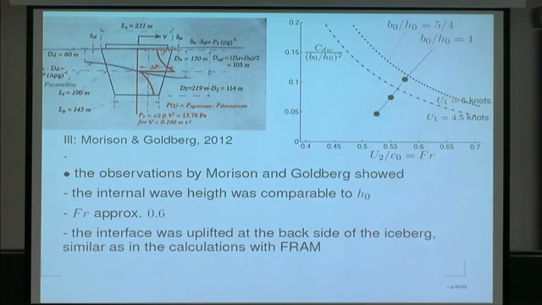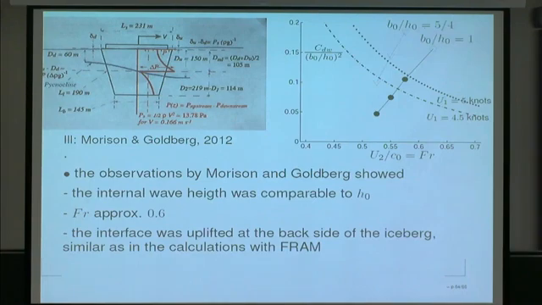The observations by Morrison and Goldberg showed that the internal wave height was comparable to h0 and Froude number approximately 0.6. So which is here. So Nansen said that the Froude number 0.55 and this iceberg says with a Froude number 0.6. So it's very, very similar.